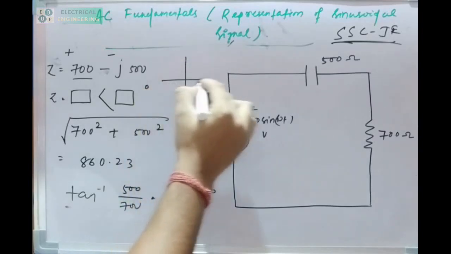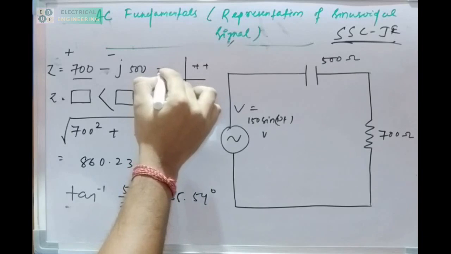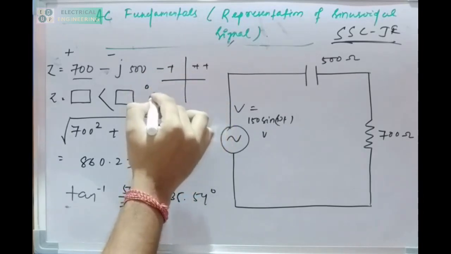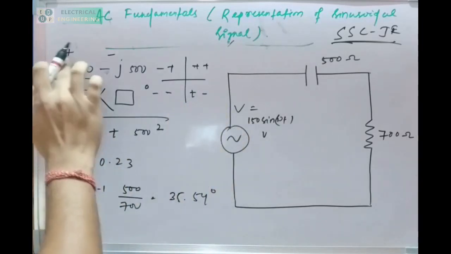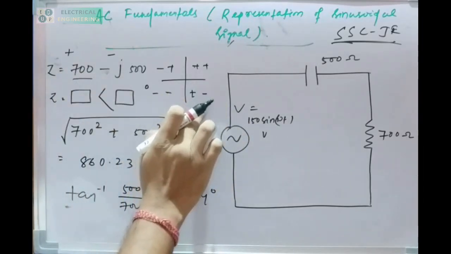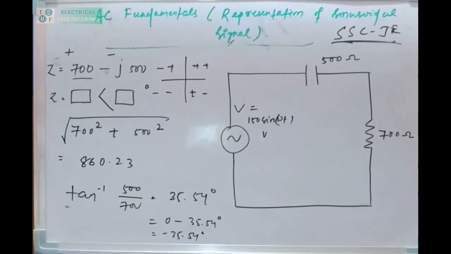The first quadrant is both plus, the second quadrant is minus plus, the third quadrant is minus minus, and the fourth quadrant is plus minus. So plus minus represents the fourth quadrant, and there we get 0 minus 35.54 degree, that is minus 35.54 degree. Okay, just remember this.